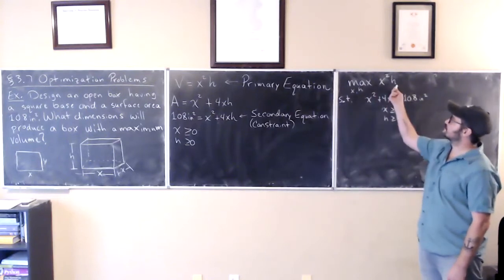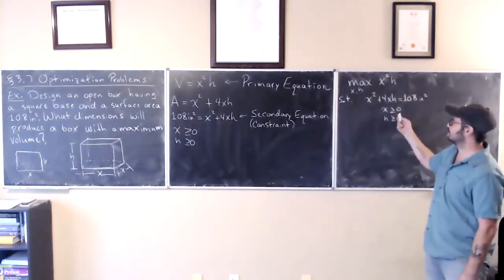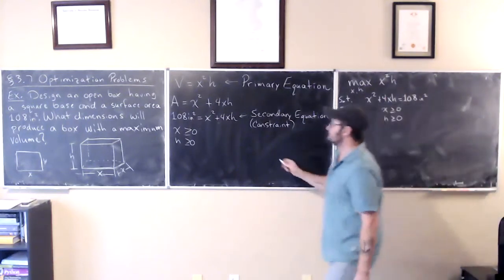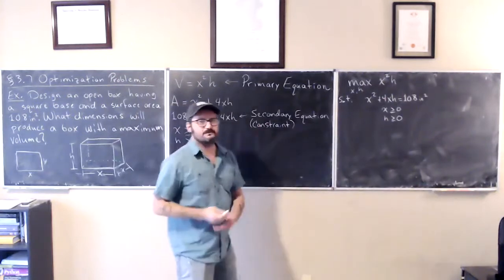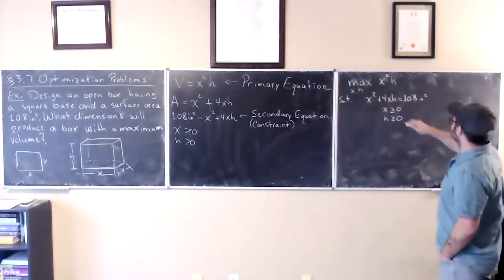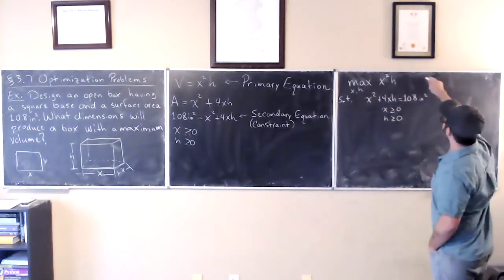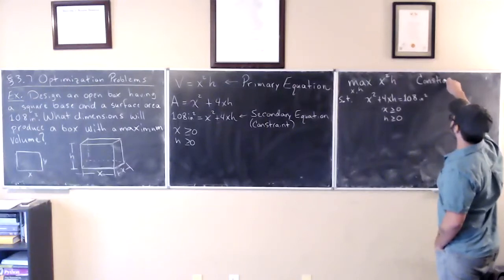So we're maximizing this function according to x and h such that this constraint holds, this constraint holds, and this constraint holds. So these are each constraints on that optimization problem. In fact, this type of problem is referred to as constrained optimization.